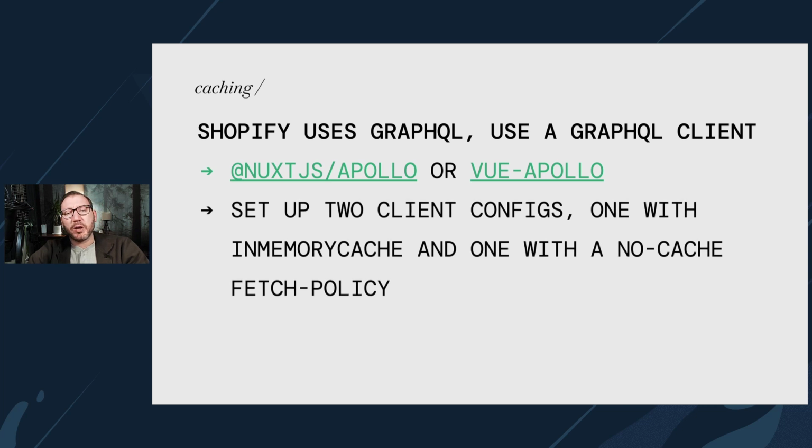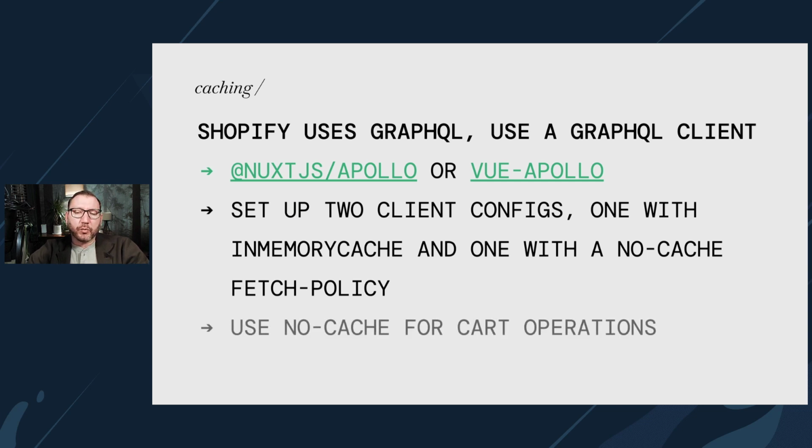Another tip when working with Apollo that we use is to set up 2 client configs. One with an in-memory cache, but then have another one that has a no cache fetch policy. And we use that no cache Apollo client for anything that has to do with the cart.